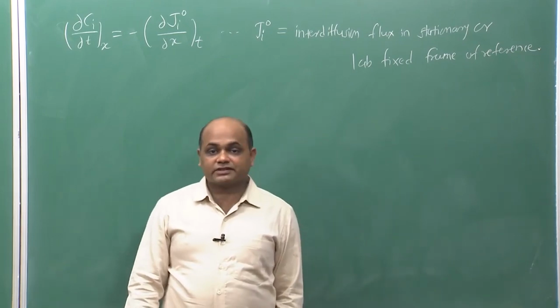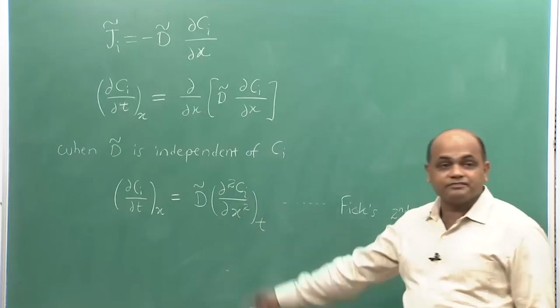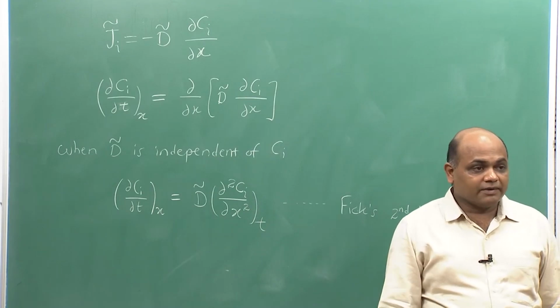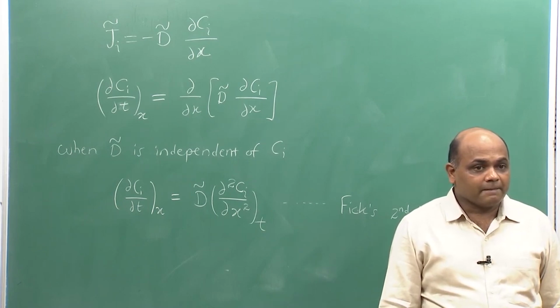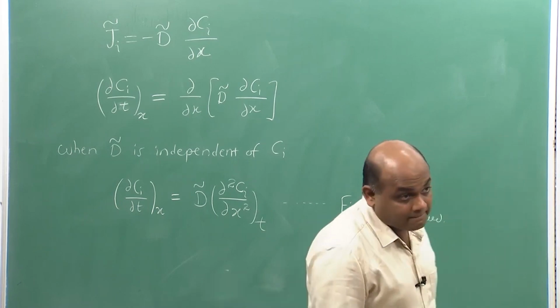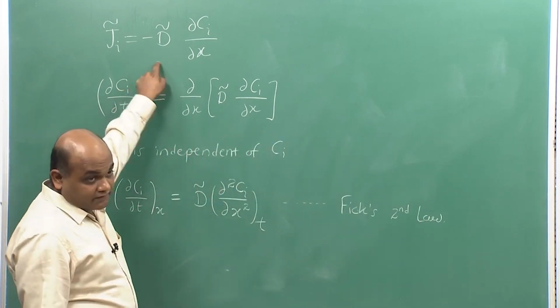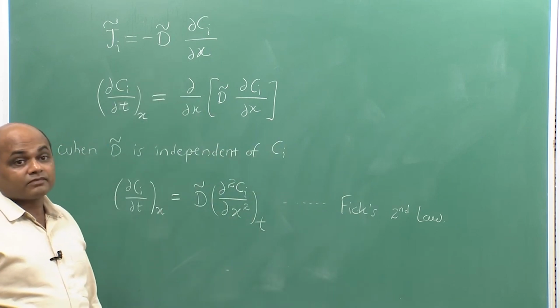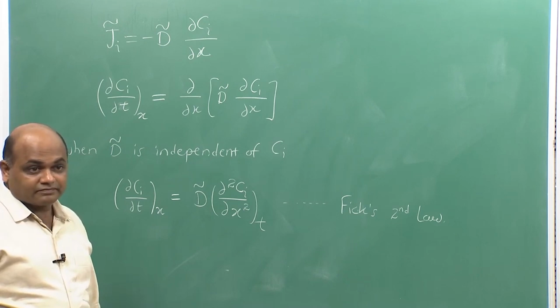Okay. So, now based upon our previous discussion, when I wrote this, what is the assumption that I have made here? What is the frame of reference that we usually use when we write this equation? Volume fixed frame, right?